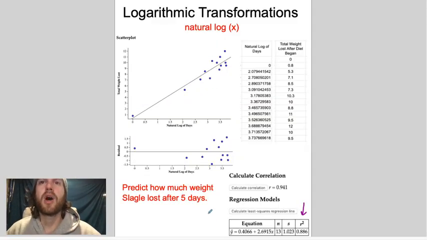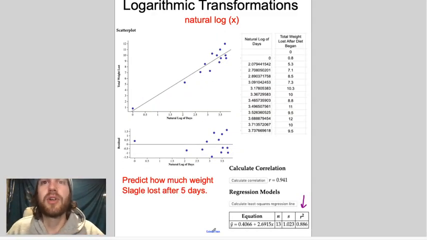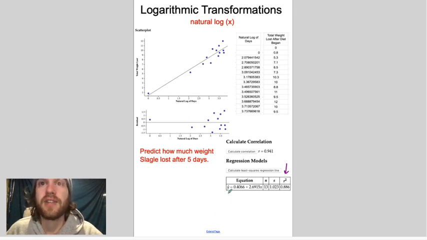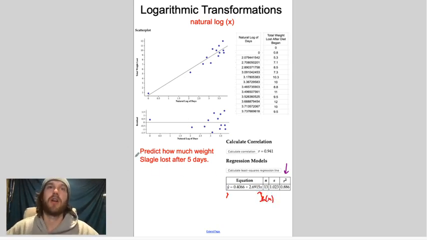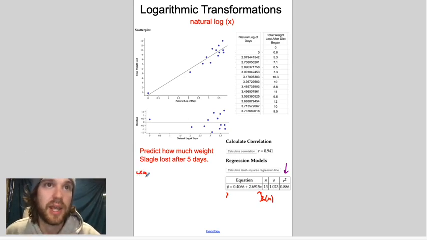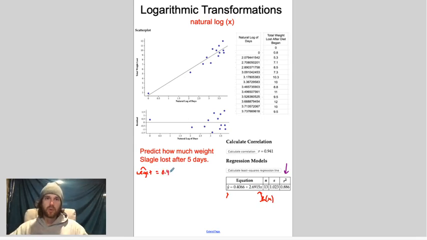So if we're using this model to make our prediction, remember y is actually the weight, so that is y. This x is actually the natural log of x. So when I plug that in over here, I'm going to replace that. So our predicted weight is equal to 0.4066 plus 2.6915 times the ln of 5.